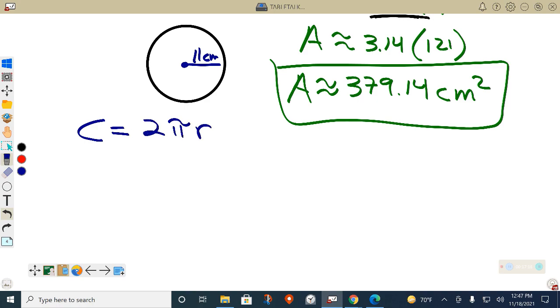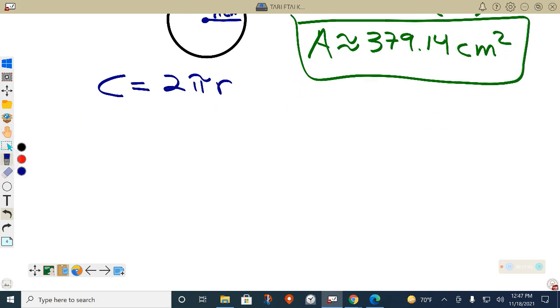There's a formula. Circumference is approximately 2 times 3.14 times 11.